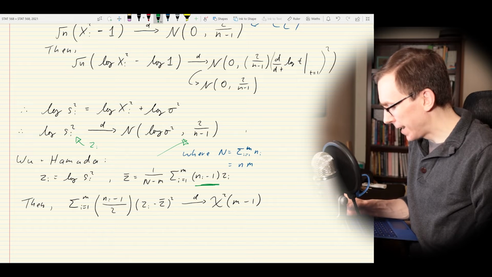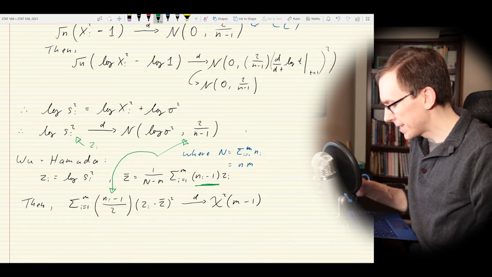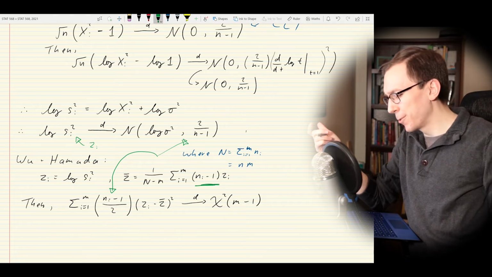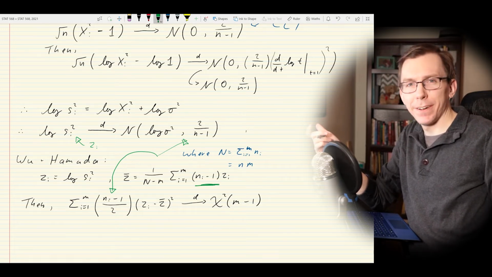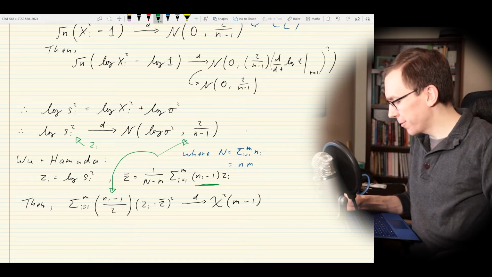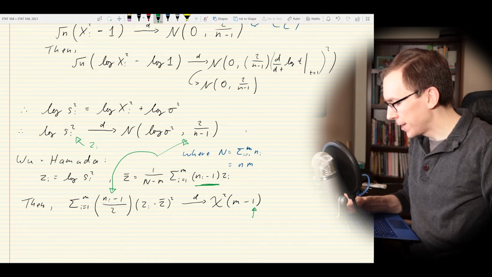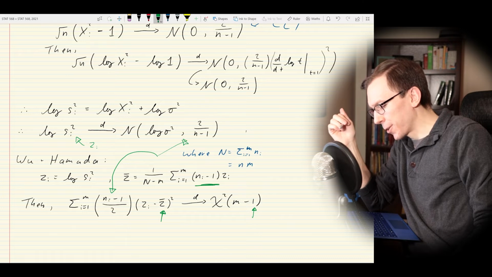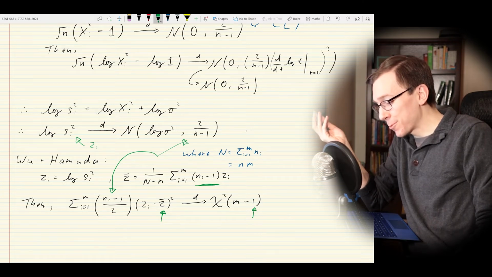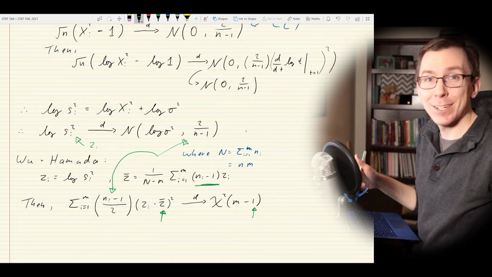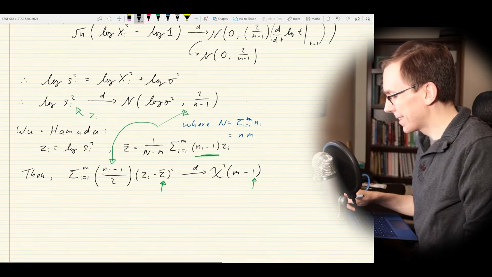And we do that by multiplying by this thing here. So basically what we're doing is we're summing up a bunch of normal 0, 1 random variables squared, with one lost degree of freedom for the fact that we are estimating the sample mean, as we don't have the true mean. And that's where we lose our 1 degree of freedom. So otherwise, we're just taking a normal distribution and constructing a chi-squared test statistic from it.